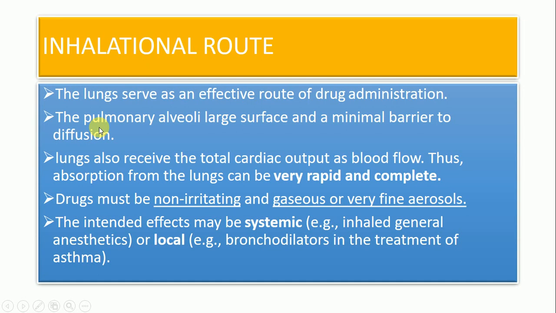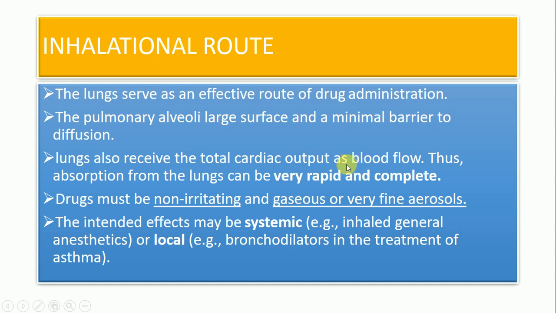And why? This is because we have pulmonary alveoli in the lung, which have a large surface area and a minimal barrier to diffusion. So this makes the lungs an effective route of drug administration. Another factor is that the lungs also receive the total cardiac output as blood flow. We have pulmonary circulation by which the blood goes to the lungs.